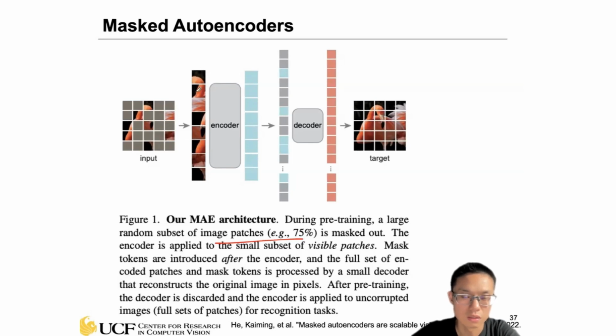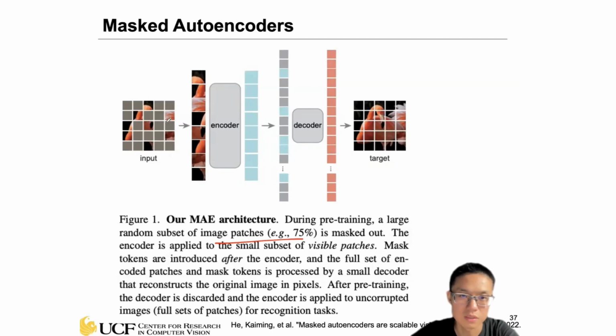They feed the remaining visible patches into the encoder to generate a feature. On the decoder side, they reconstruct the masked-out patches, so basically you reconstruct the entire image. You can think of this like an inpainting task.